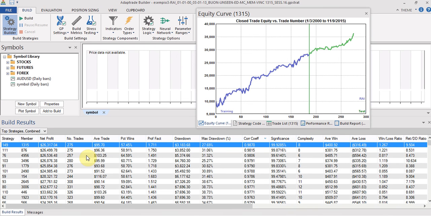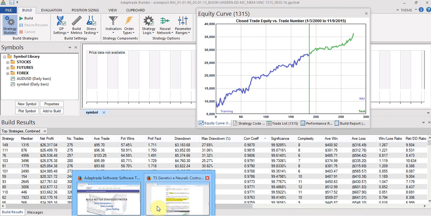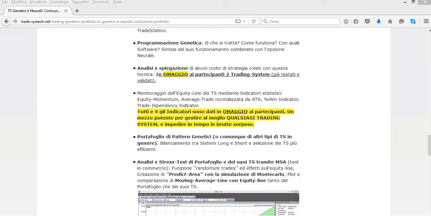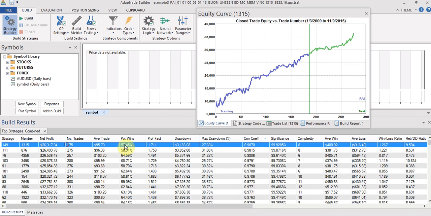So maybe you have a very good strategy like this, but with a profit factor of 50, then I would exclude it anyway, for reasons that I want to skip now, but we discuss those details during our training regarding genetic programming. This is a good candidate.